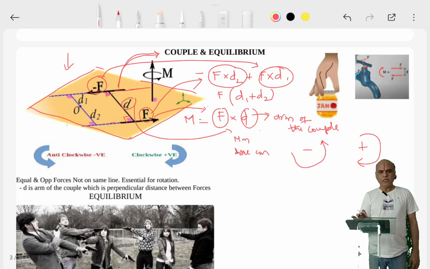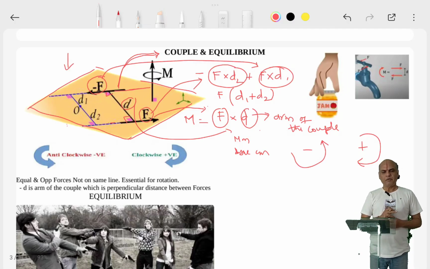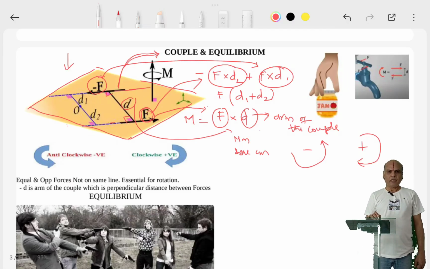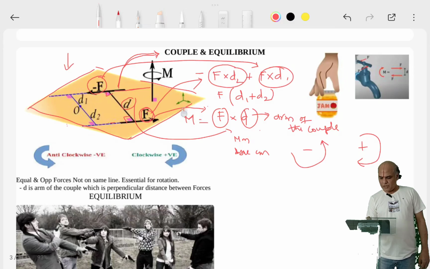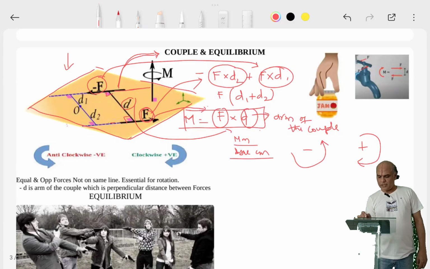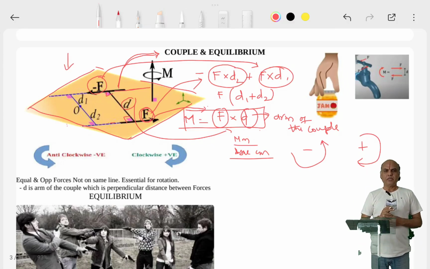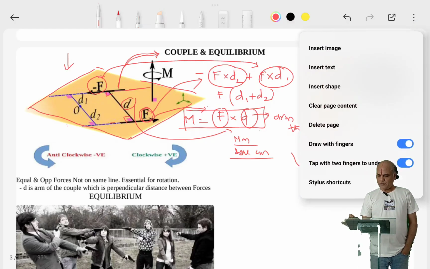The couple has a moment which is measured as one of the forces into the perpendicular distance between the lines of action of the forces, so F into d. The units for the moment of couple are Newton meters or Dyne centimeters, and depending on how the moment causes the body to rotate, if the body rotates clockwise it is a positive moment, and if it rotates anti-clockwise it is a negative moment. Clear? Okay.